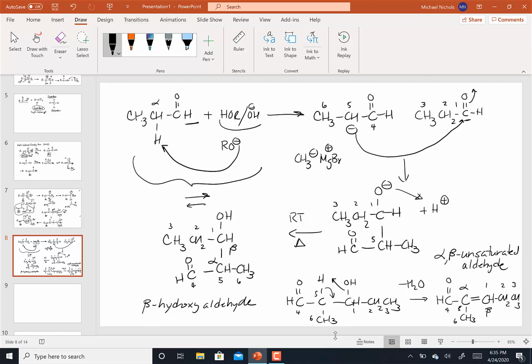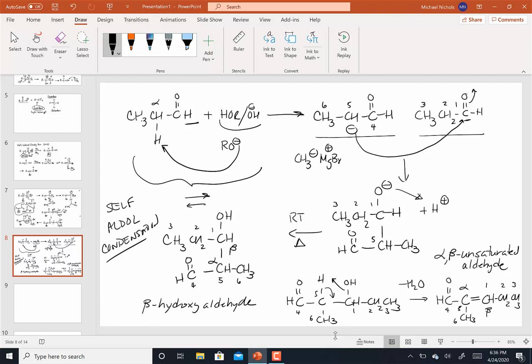So typically what we make when we do this type of reaction is what is called a self-aldol condensation. Self means that the enolized aldehyde reacts with the unenolized aldehyde, so in essence it's reacting with itself.